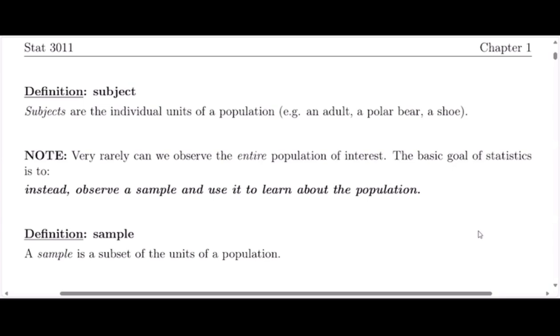When you have a sample, the reason why you are getting it is that you want to have an idea of the totality of the population. But let me tell you this: you have to make sure you choose a representative sample. We're going to teach you in this course how you can choose a sample that will be a good representative of the population.